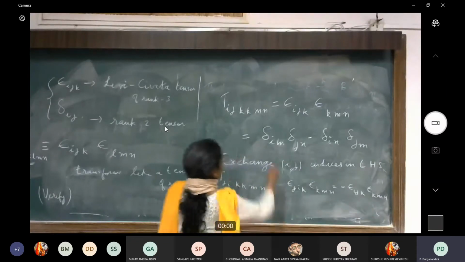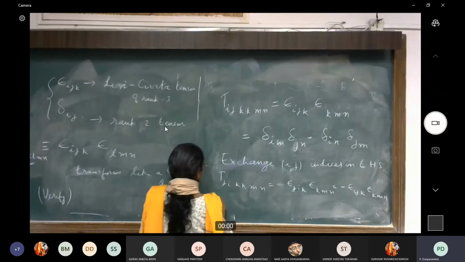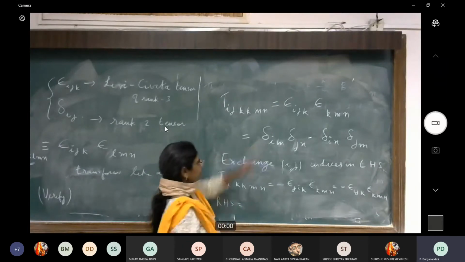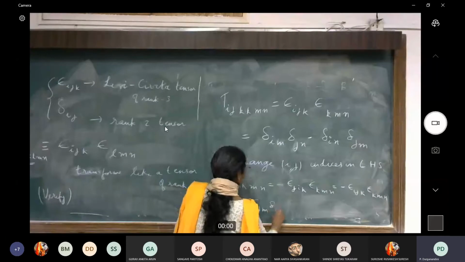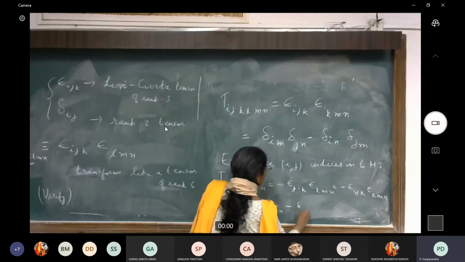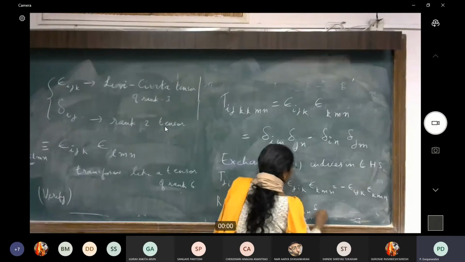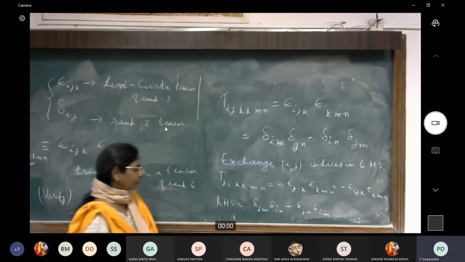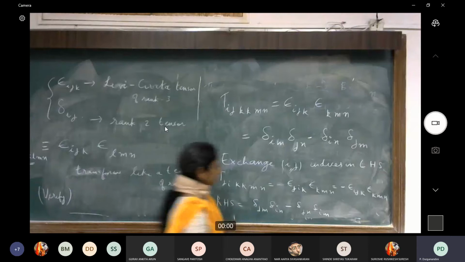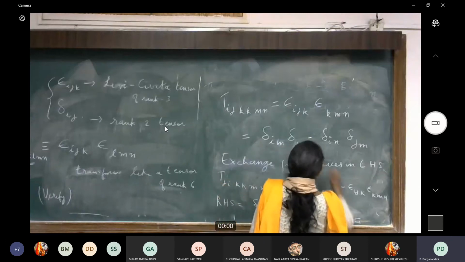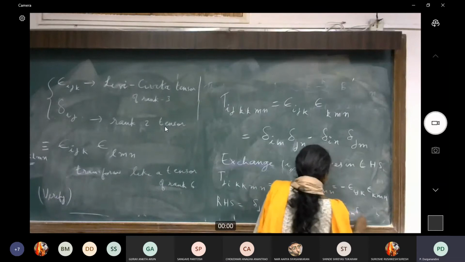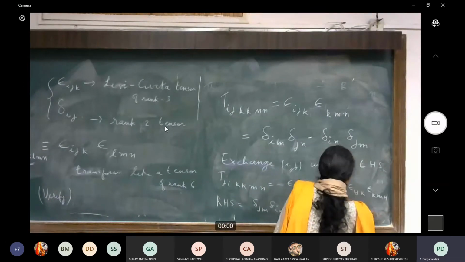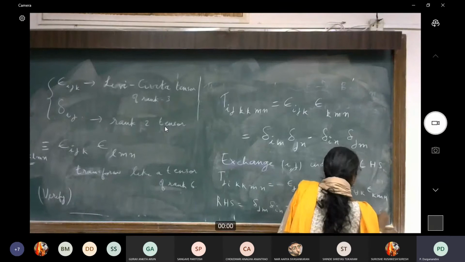Now you look at your right-hand side. The right-hand side by definition will be, because I've just exchanged, delta j m delta i n minus delta j n delta i m. And you can see that this is equal to minus of delta i m delta j n minus of delta i n delta j m.